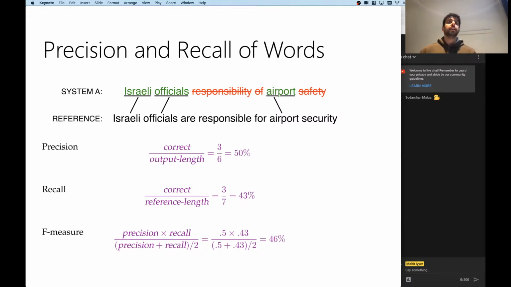Are there any other issues? Yeah, exactly. So what if the system produced the negation of the sentence, which has the complete opposite meaning and is not at all a good translation? In fact, it's probably one of the worst translations that you could produce.